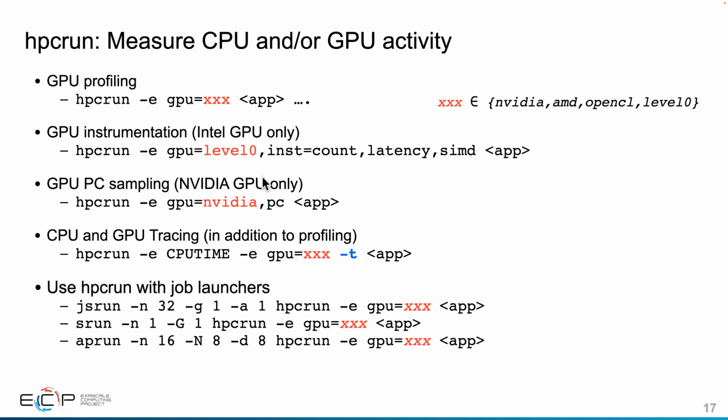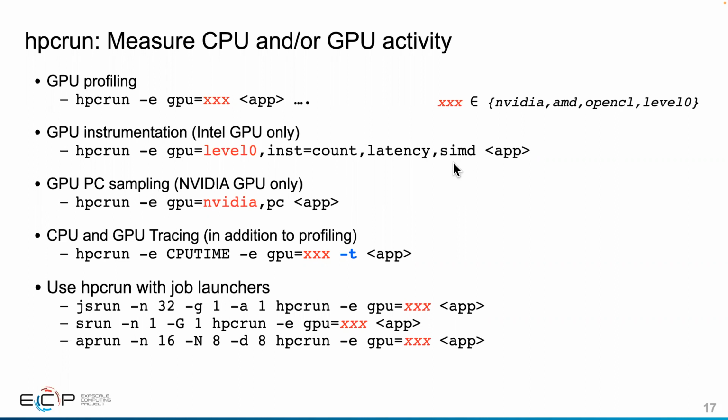You can use tracing in addition to PC sampling, but PC sampling and the instrumentation dilate the measurement costs somewhat. It dilates the application execution time somewhat, and so probably a trace is of less interest when you're measuring with PC sampling or instrumentation inside the GPU kernels.